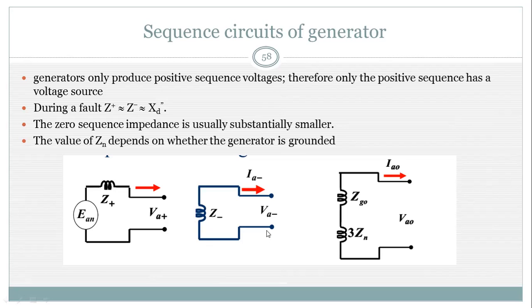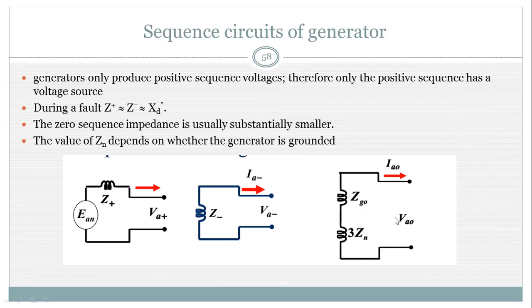And if this is a Y connected generator and the neutral is grounded through an impedance Zn, then the zero sequence network diagram should be Z0 plus 3Zn. This is the zero sequence impedance plus 3Zn, that is, the series connected neutral impedance multiplied by 3. So this whole represents Z naught, that is Z0 plus 3Zn.